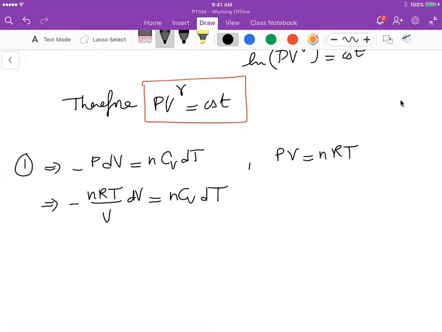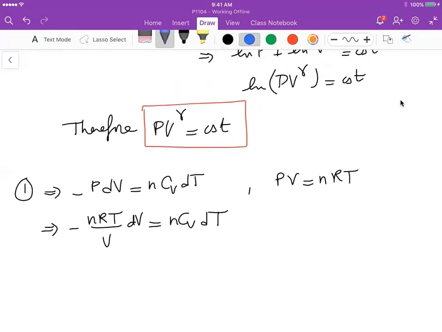Okay. We can get rid of the factor n on both sides. And let's keep here dV over V. And here we have R multiplied by it. We take it to the other side, and it becomes plus C_V dT over T is equal to 0.